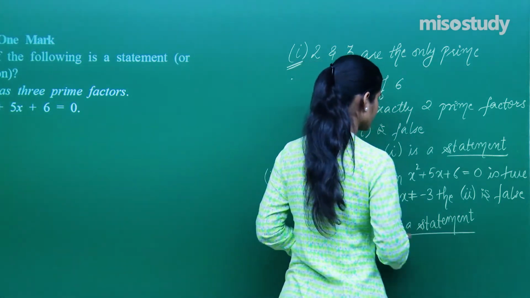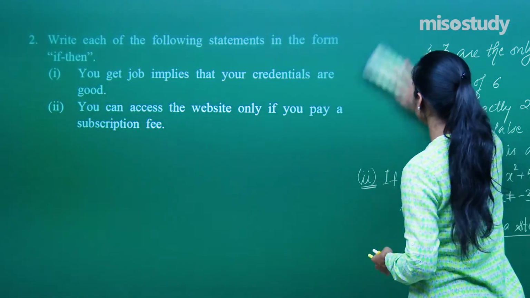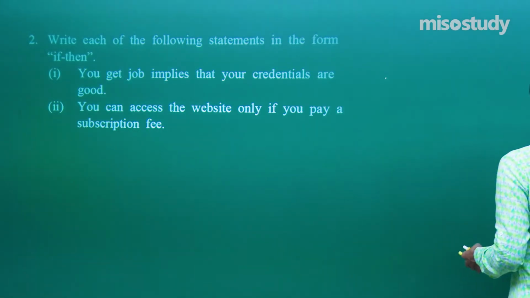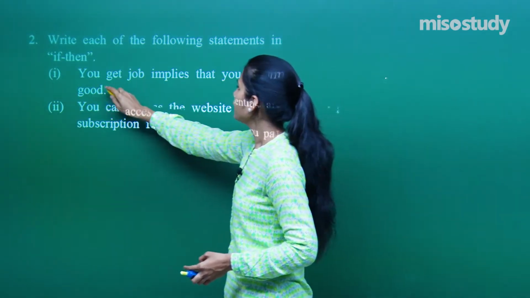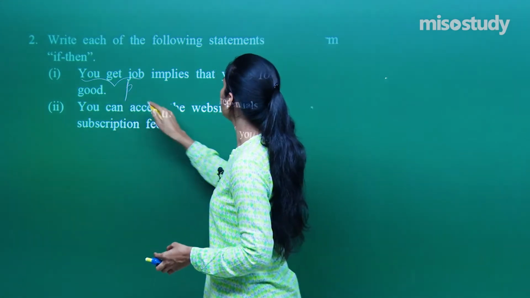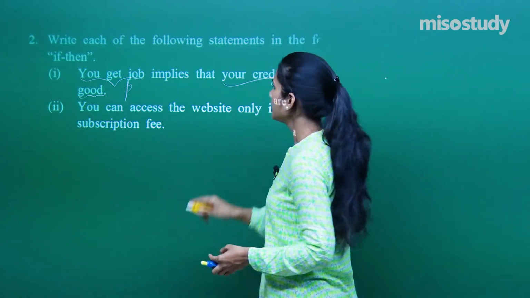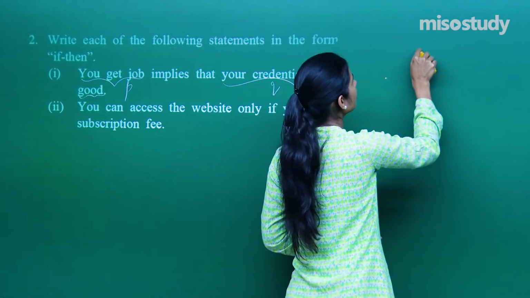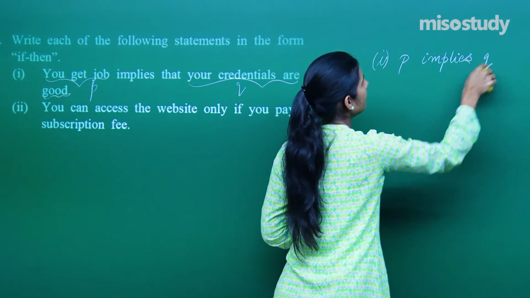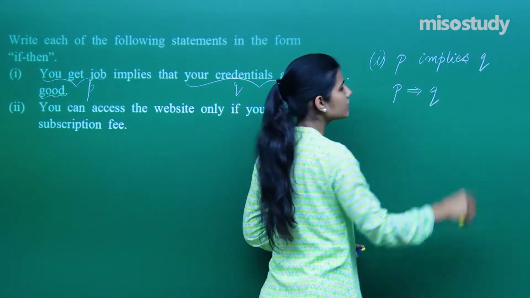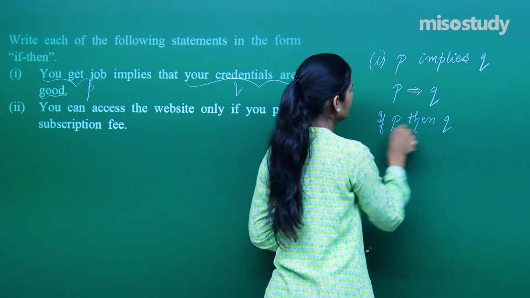It's not a statement. Talking about the next question, we have: write each of the following statements in the form of if then. Here if you see, you get a job implies that your credentials are good. If you take you get a job as a statement P, and your credentials are good as statement Q, the very first sentence is saying P implies Q, which is another name for if P then Q, right?